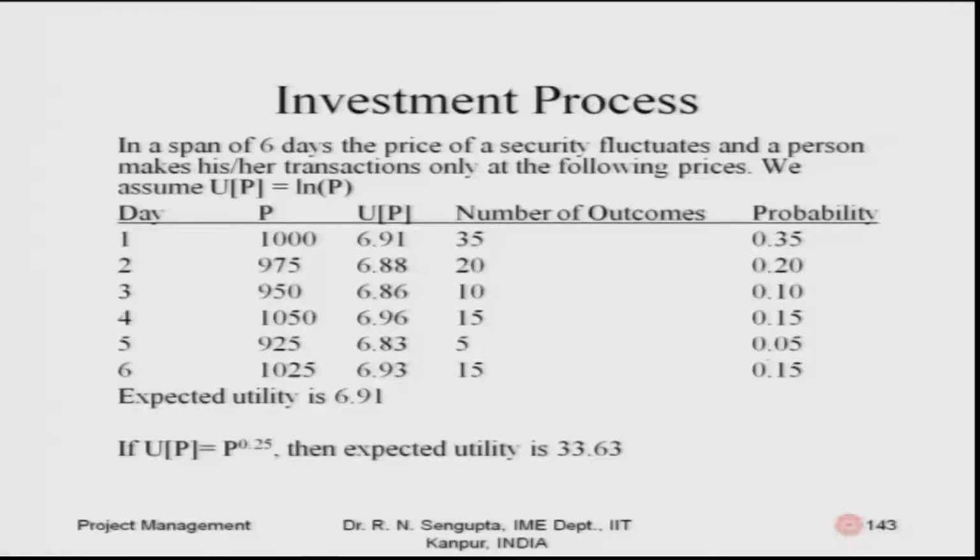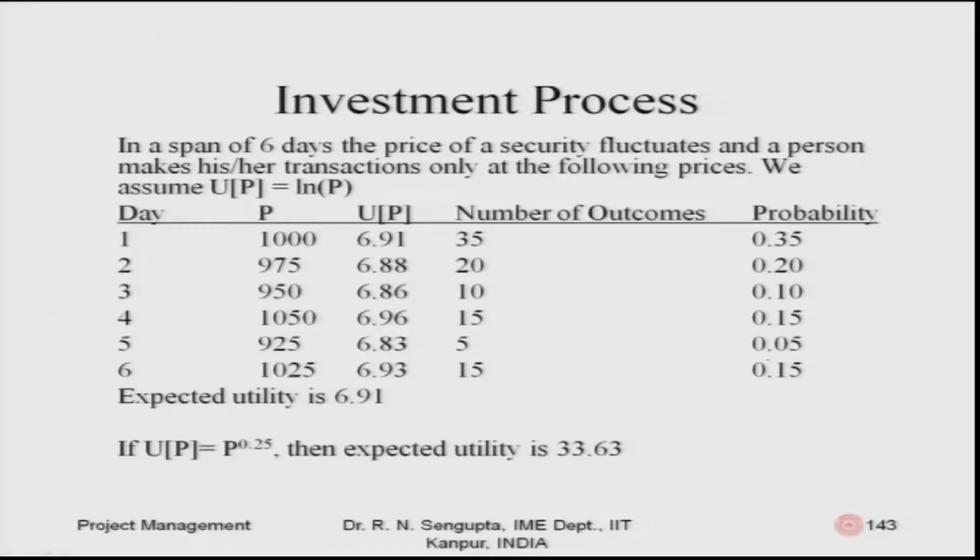Now, consider a security investment. The price of the security fluctuates in such a way that the log of the prices gives you the total utility. The number of days is given in a simulation sense.